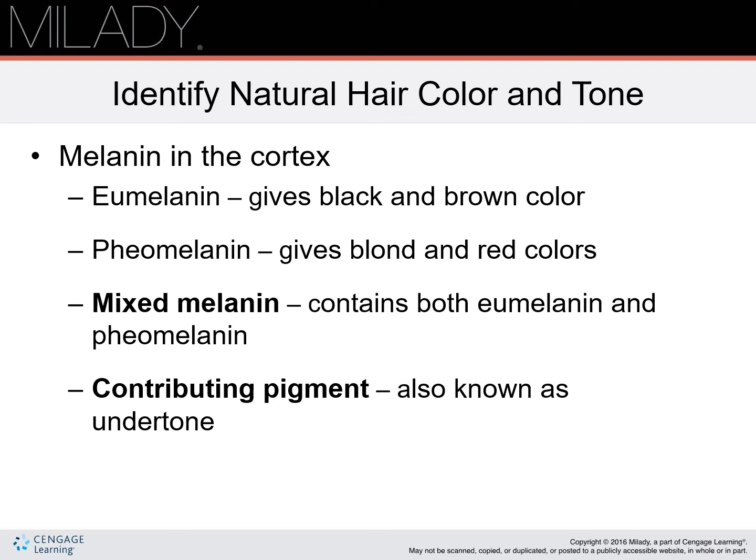When coloring hair, you have to take that contributing pigment into consideration during your formulation so that you can create a color that either the client wants or is going to work, whatever it may be, correcting the color service, whatever you're doing.